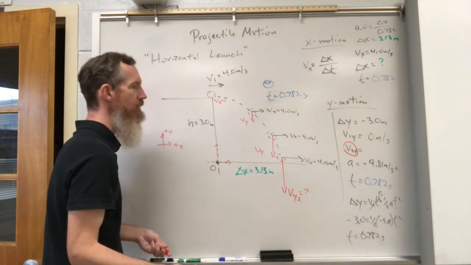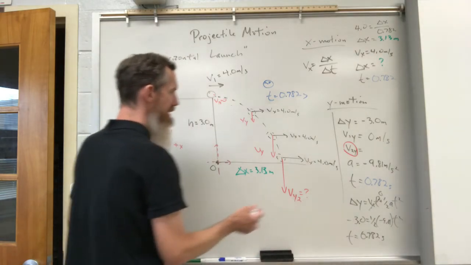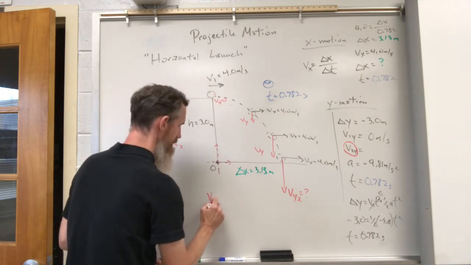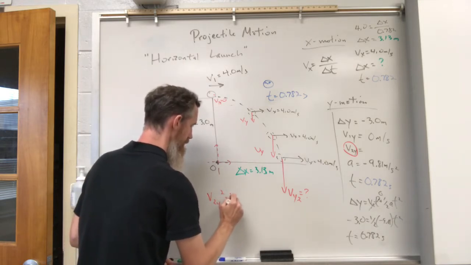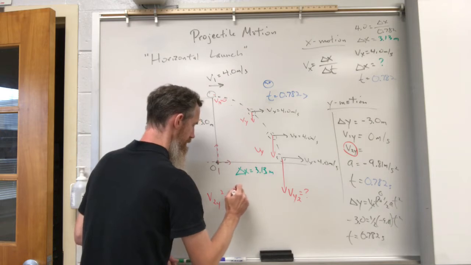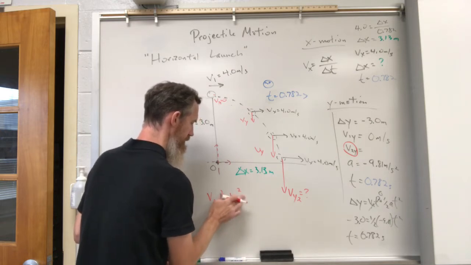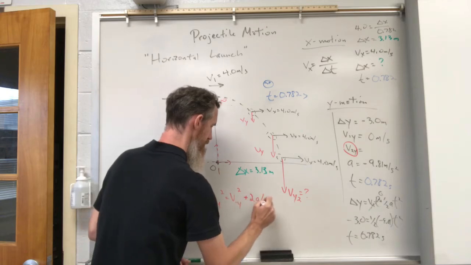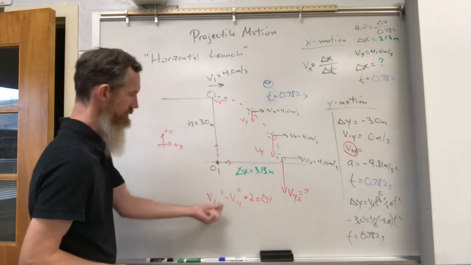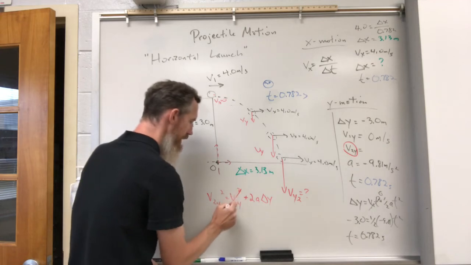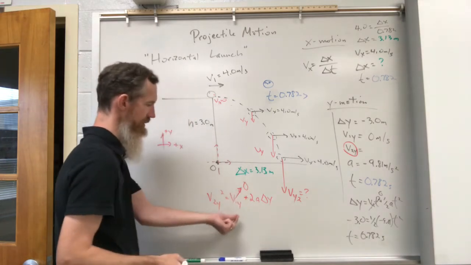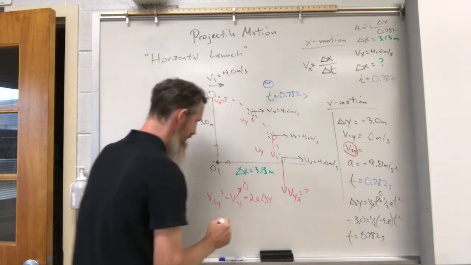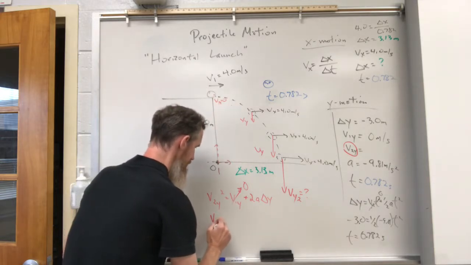Now, I will employ this formula. I know that we had no velocity at the beginning of flight when it was first released in the up and down motion. And so you're going to get this.